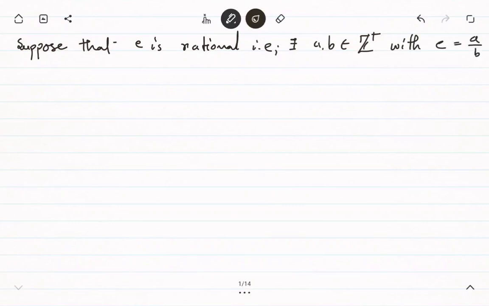That is, there exist a, b belonging to the positive integers with e equals a by b, where b is not equal to 1.